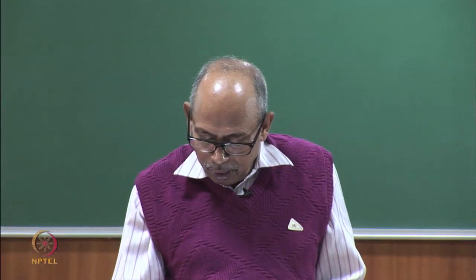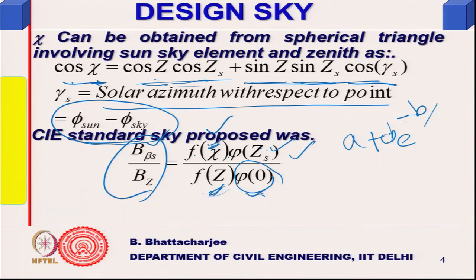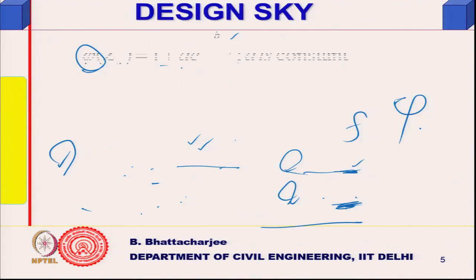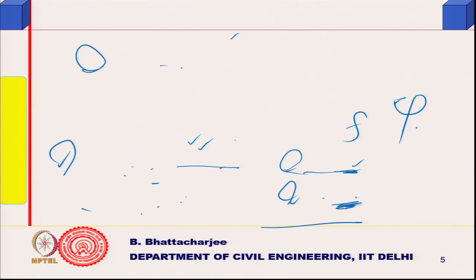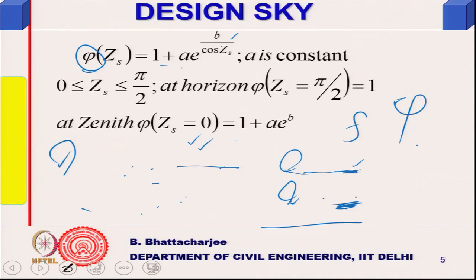So, this value will be 1 plus a e to the power b over cos ZS; b is actually negative.